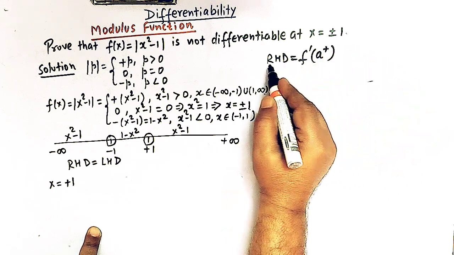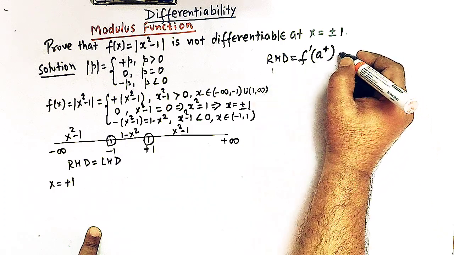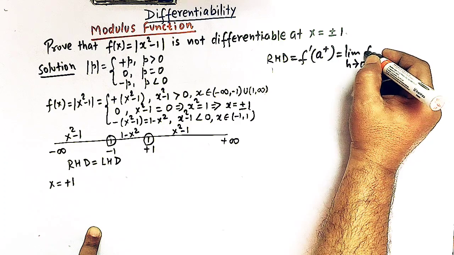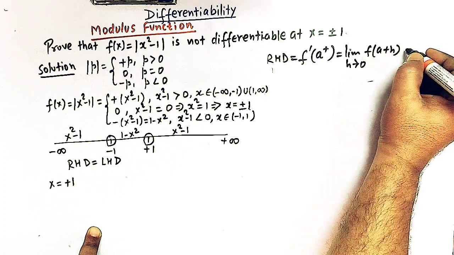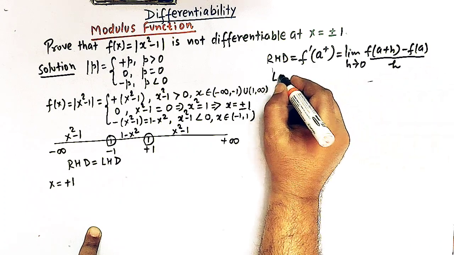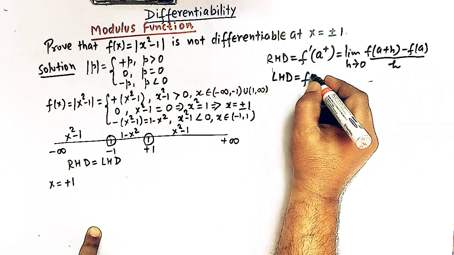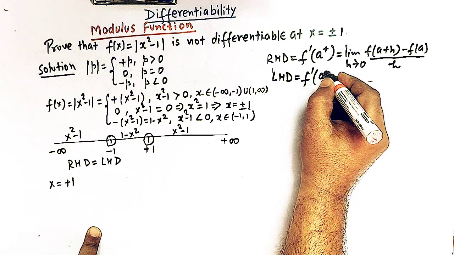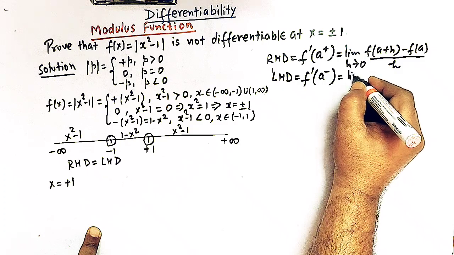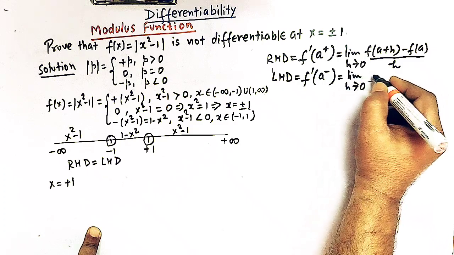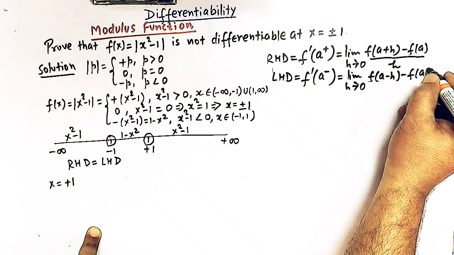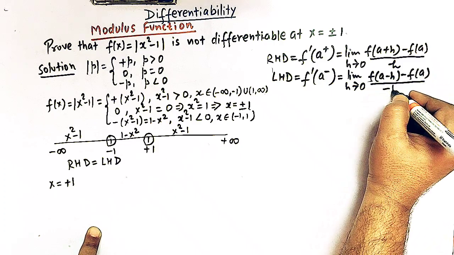So this is the notation for right hand derivative, and it is given by limit h tends to 0, and here we have f of a plus h minus f of a divided by h, and the left hand derivative is defined like this, that is f prime of a, and here we put a negative sign, and the limit is given as limit h tends to 0, and here we have f of a minus h minus f of a divided by minus h.